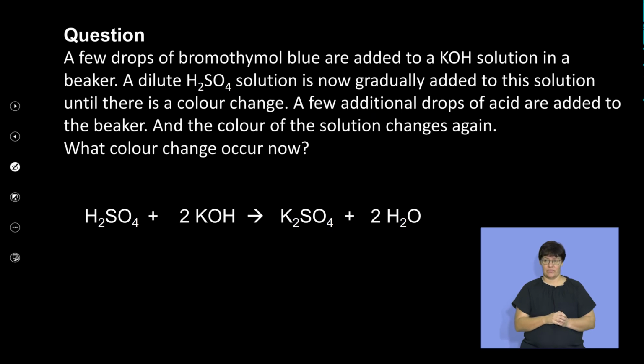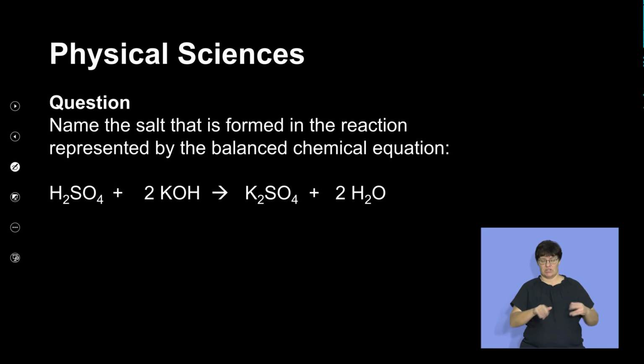Okay, so it says here, this color change will be from neutral, which was pale green, to yellow. That was the color change that takes place. Obviously, this is our balanced equation for the neutralization reaction that would have occurred, right?